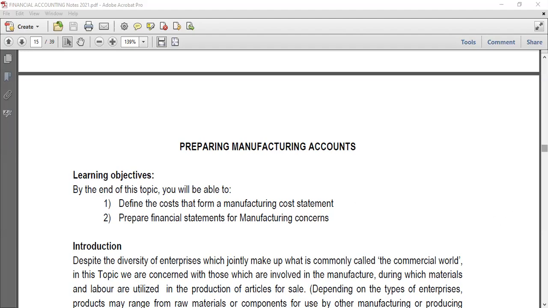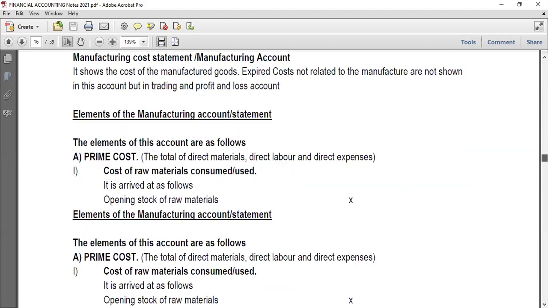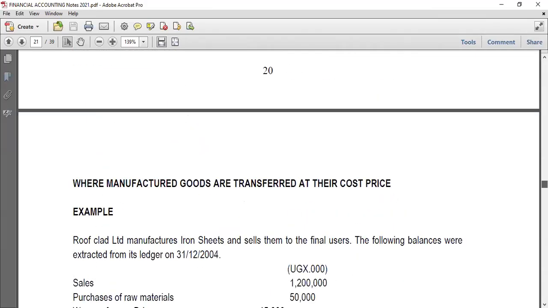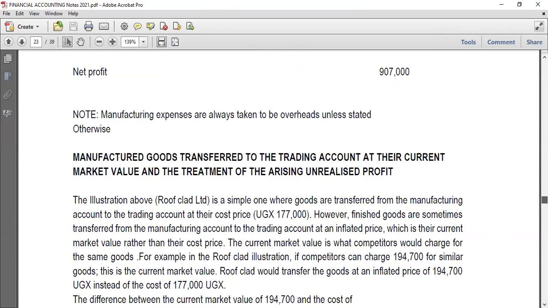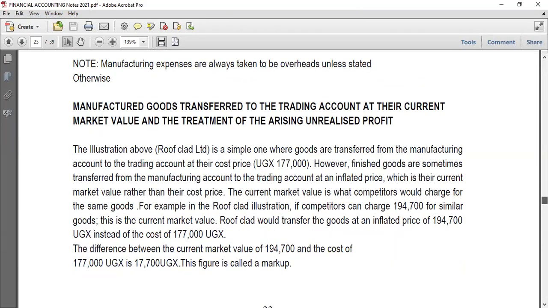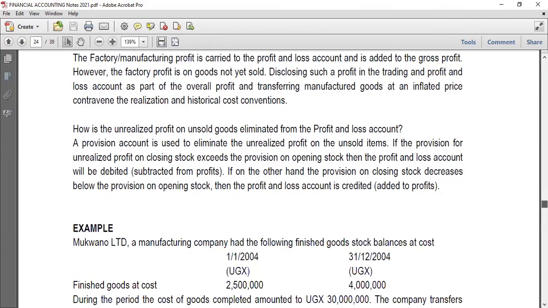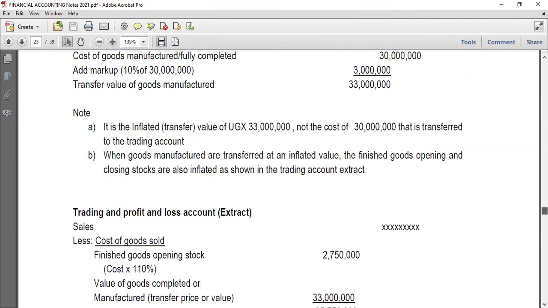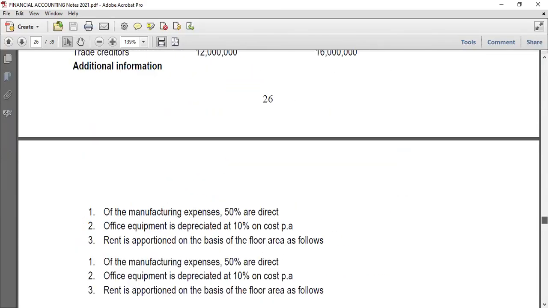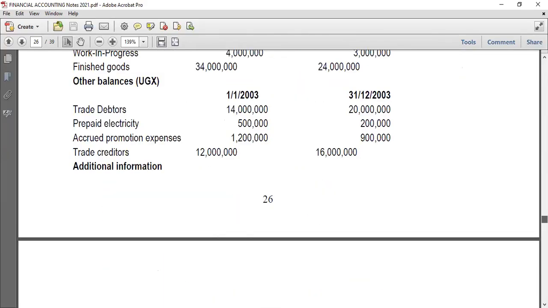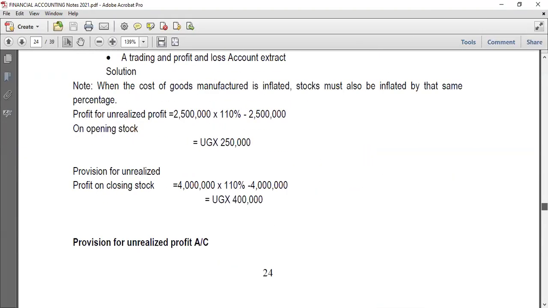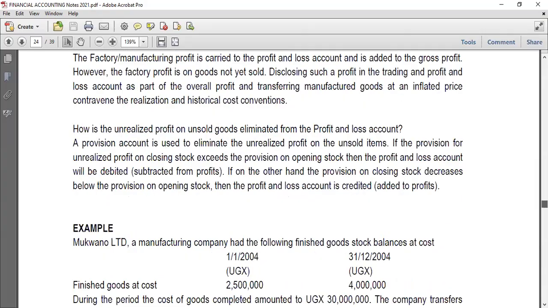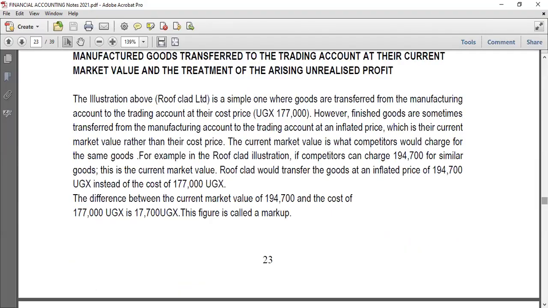So today I just want to look at one part of the manufacturing accounts that I think we didn't look at because of time. Okay.